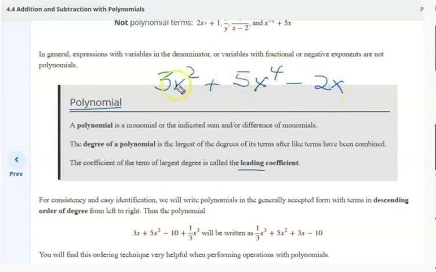Now, even though the 5x to the fourth is not furthest to the left, because its degree is the highest, this would be the leading term, and this would be the leading coefficient. So it's not just the one that happens to be in the beginning, because this should normally be put in ascending order. All right, let's go on.